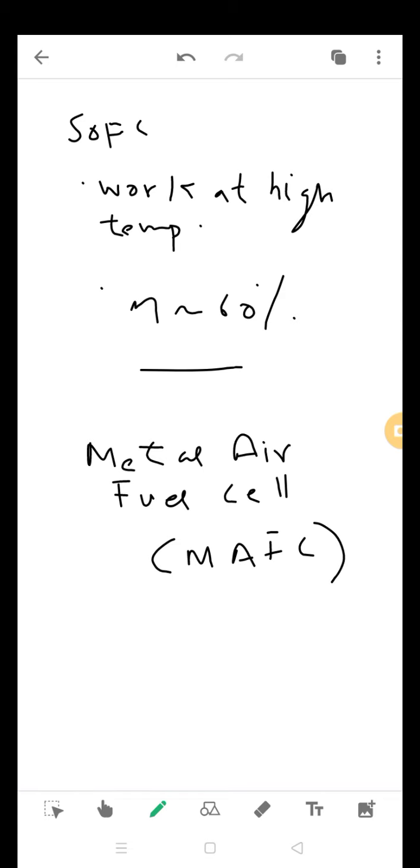It is actually not a conventional fuel cell, but it is mainly used to work like batteries and generate electricity. The advantage of this is that it is rechargeable.